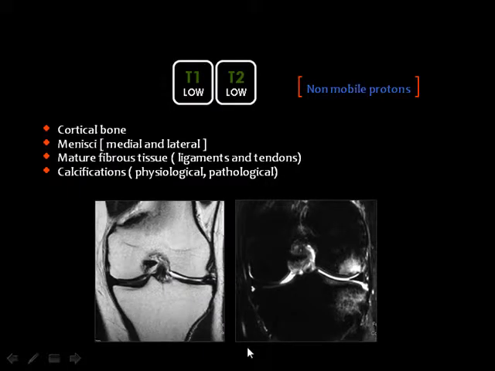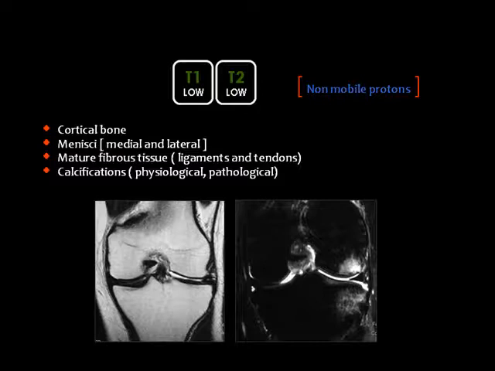Then, what are the things which appear black in the T1 and bright in the T2? This is fluid. Okay. Examples of fluid in the human body: the CSF, synovial effusion, urine, the vitreous in the eye.